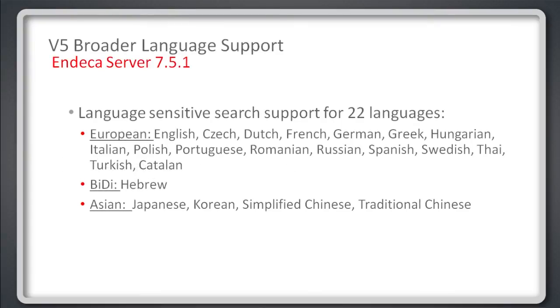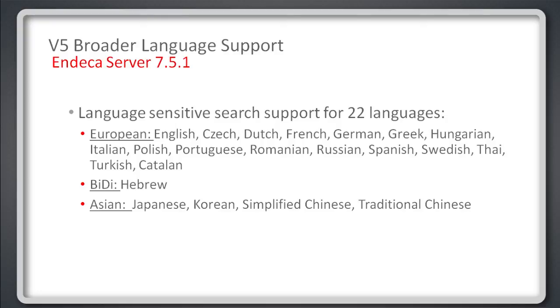Multi-language support. This is the list of languages we support. We have 22 languages supported for Endeca EID 3.0, and we add more with each coming release. Keep in mind that for each language, you need a separate installation right now.